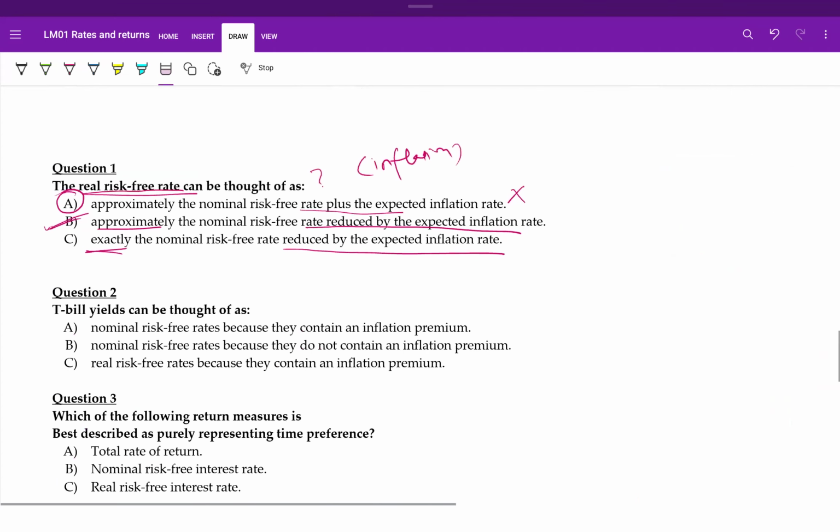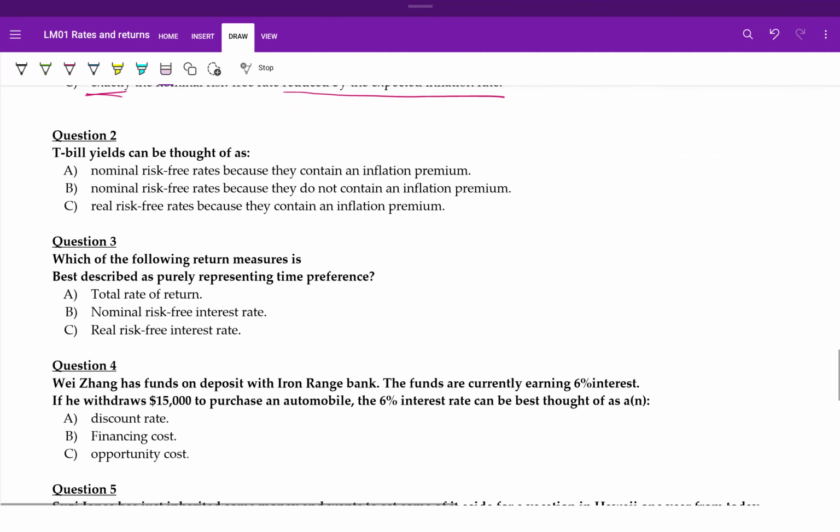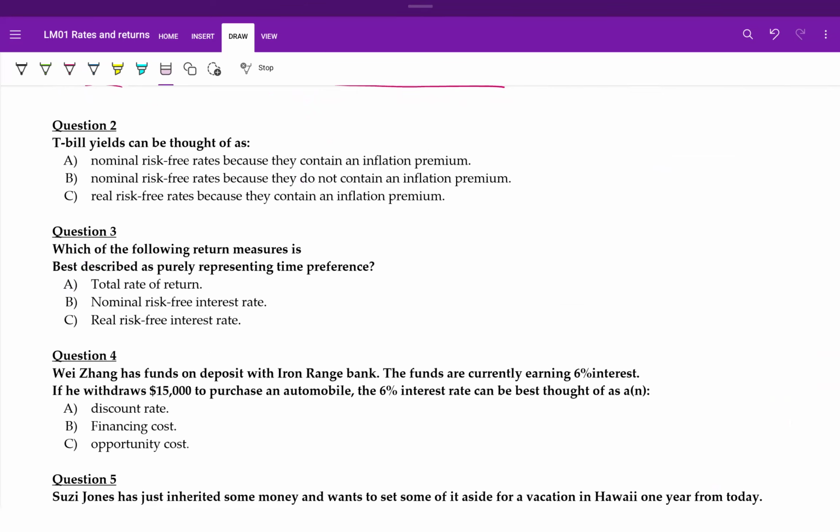All right. So let's move to question number two. Question number two is asking us about the T-bill yield. T-bill is treasury bill. Yield is something which we use in bonds. So rate and yield also represent rates.